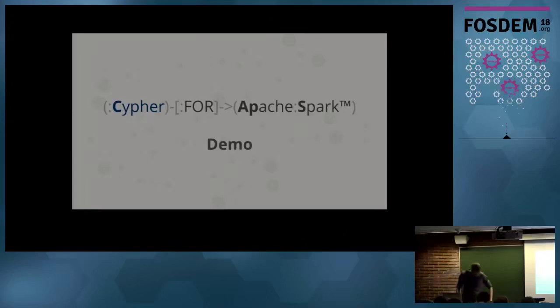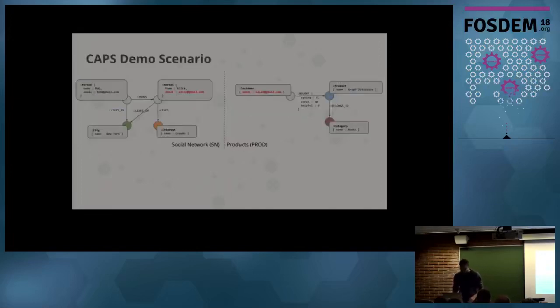Okay, so before we can start the example, I just want to set you all up with the scenario we are talking about. So let's assume we are a company and we want to do a marketing campaign in specific metropolitan areas. And we have access to two data sets. One data set is a social network.